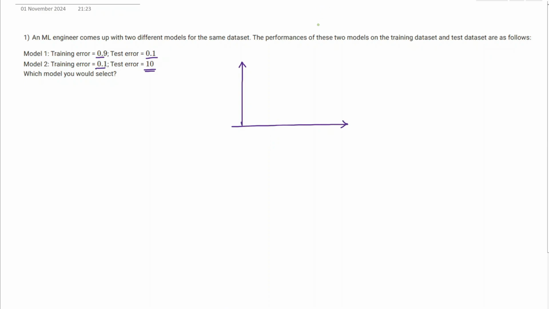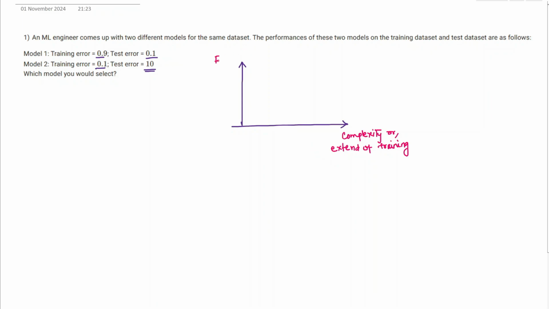So now if I take this particular graph, let me say that on the x-axis I have the complexity of the model, or I can say it is the extent of training, which also indicates how much dependent the model is on the training dataset.